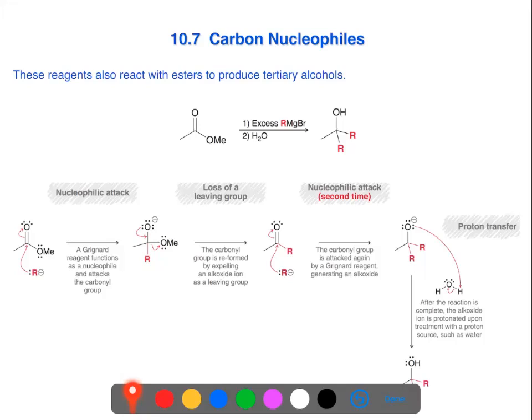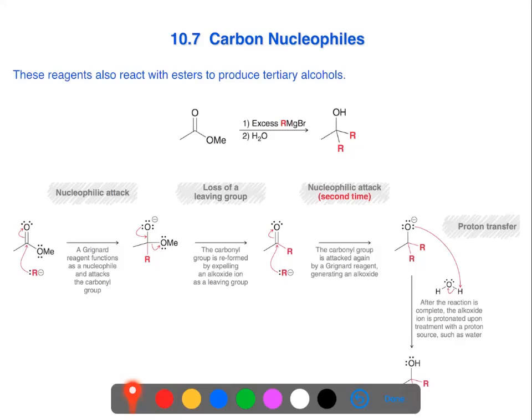So in the first step, again, we have the carbanionic species reacting with the carbon of the carbonyl, breaking the pi bond to give you this tetrahedral intermediate. Now we said this was a high energy intermediate, and so it's more stable to reform the double bond and kick out this group as a methoxide. So the methoxide is acting like a leaving group because this species is so high in energy.